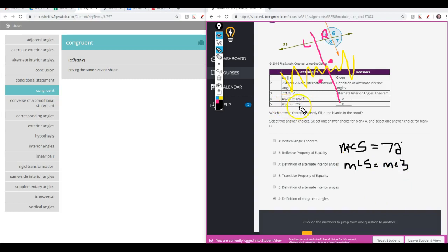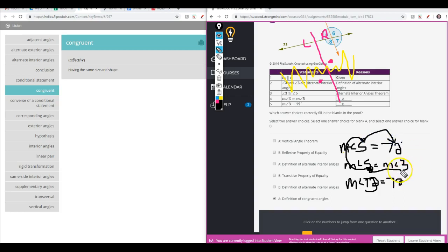And now it's saying measure of angle 3 equals 72 degrees. So what did they do? Whoops, that's a 3. So we have our first link: measure of angle 3 equals the same measure of angle 5. Measure of angle 5 equaled 72 degrees.